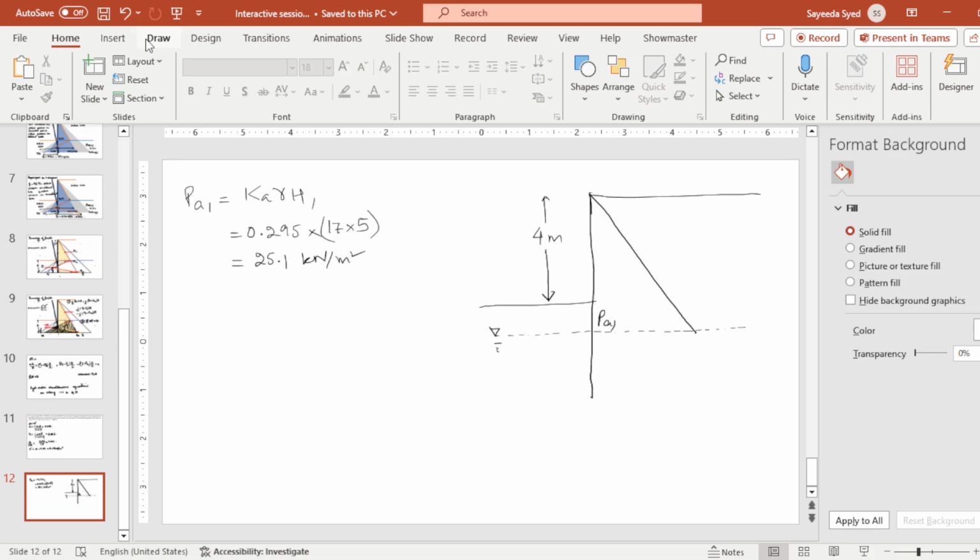Okay. So let us say that this depth, we know that this is 1 meter. Let's say this is D. So the total depth of embedment is D plus 1.